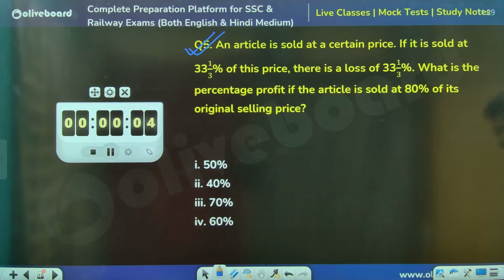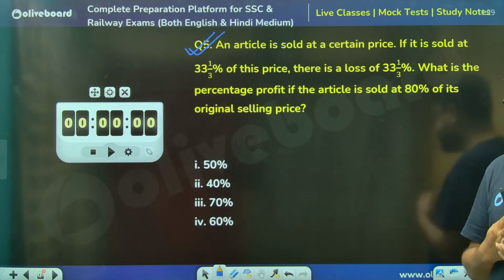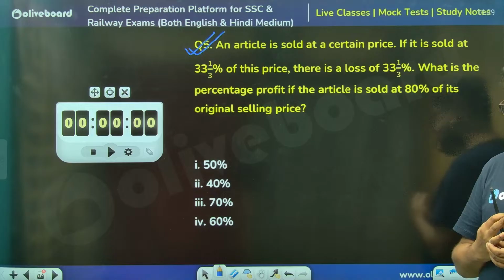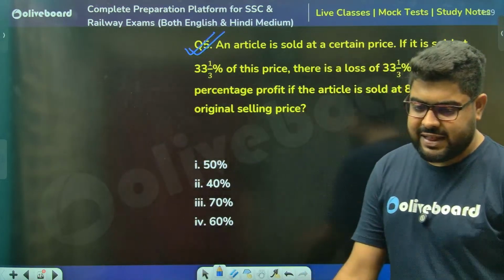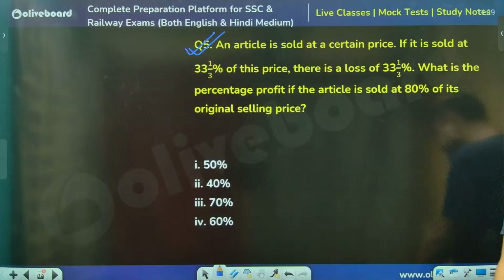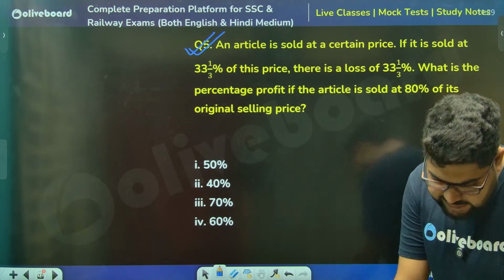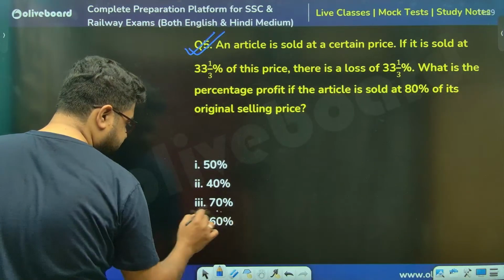One minute is done. Need answers, everyone, quickly. Surjit is saying 60. Shiksha is saying 60. Rixi is saying 60. Okay, I've got 3 answers. All are saying option 4.